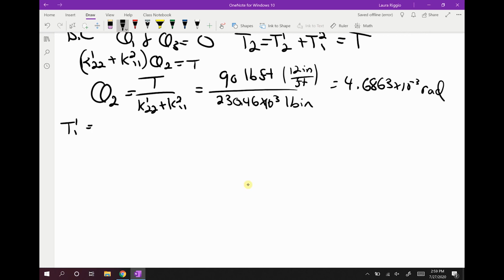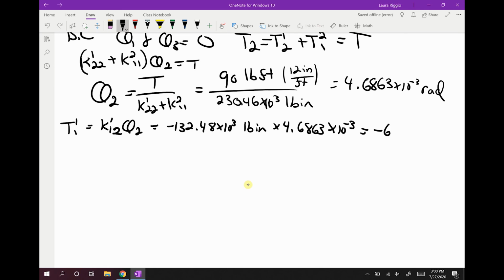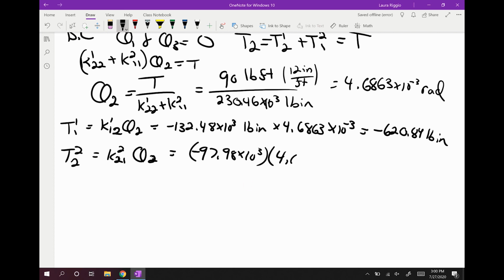So we get that T1(1) is equal to K12(1) theta 2, which is equal to minus 132.483 times 10 to the 3 times 4.6863 times 10 to the minus 3, which is minus 620.84 pound-inches, and T2(2) is equal to K21(2) theta 2, which is equal to minus 97.98 times 10 to the 3 times 4.6863 times 10 to the minus 3, which equals minus 459.16 pound-inches, which is minus 38.263 foot-pounds.